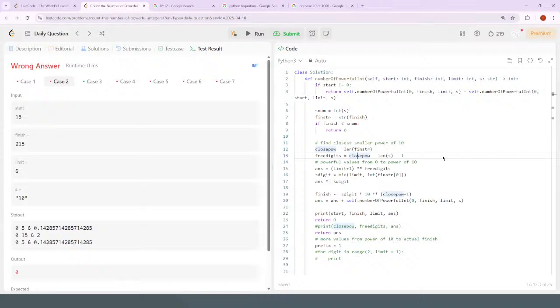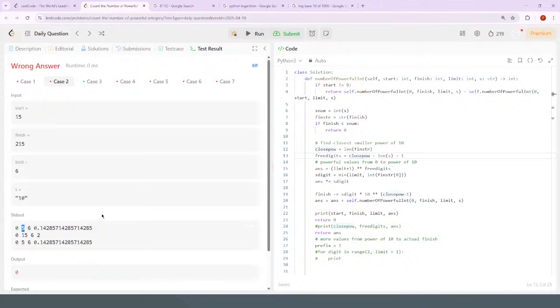So it's going from 15 to 215. So this answer is for when start is 0, finish is 5.